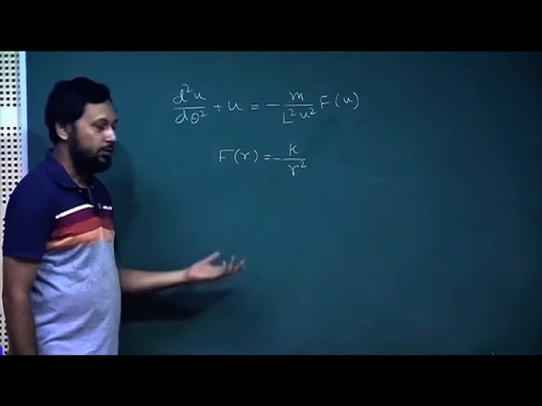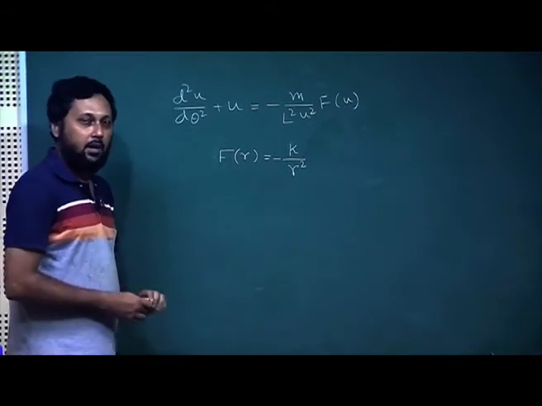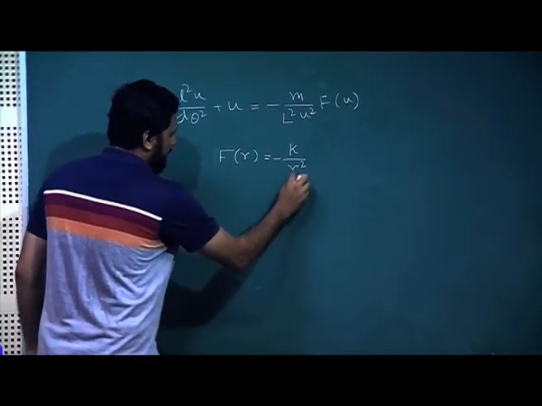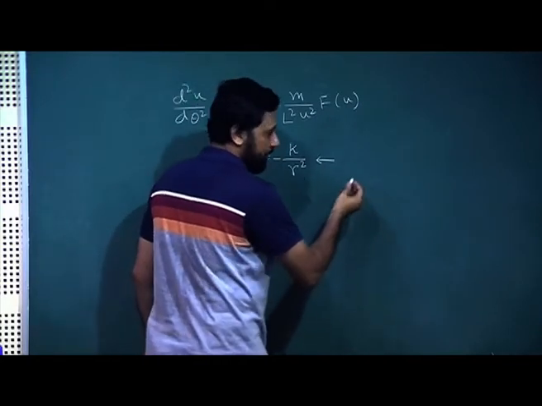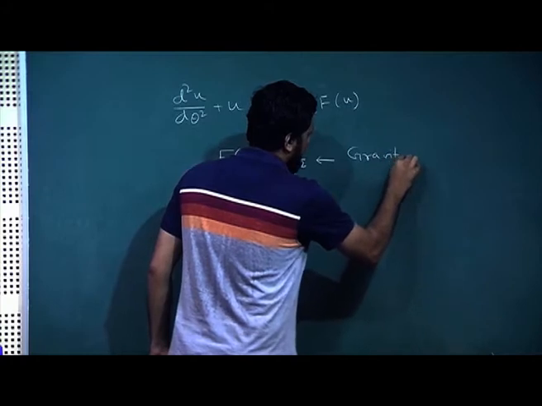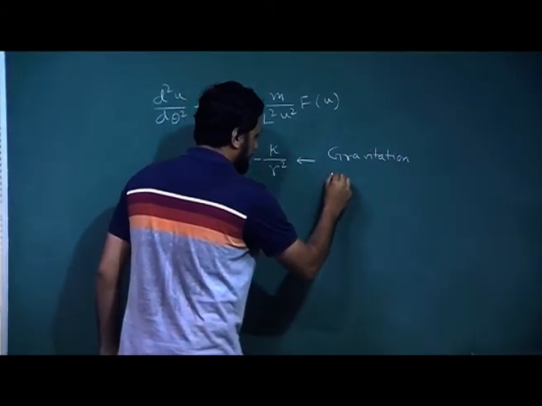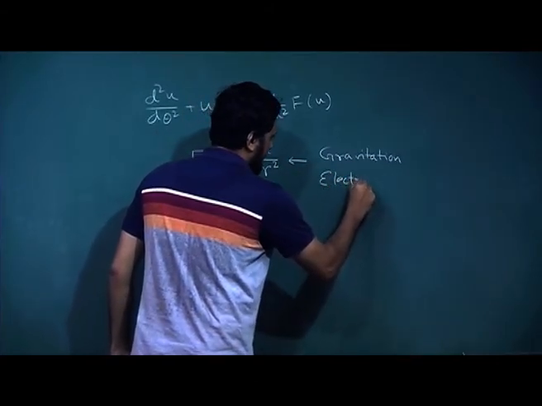We can also have a positive sign here, but for now let us do it with the negative sign. Now, this is a force which is very common to us. We have it in gravitation, and we have similar forces in Coulomb attraction, that is electrostatic.